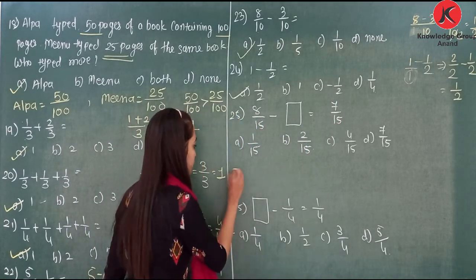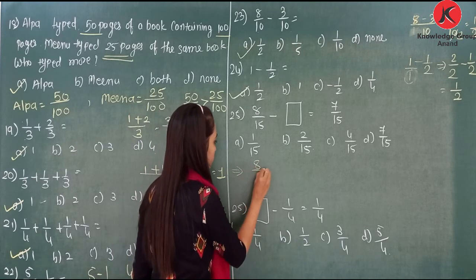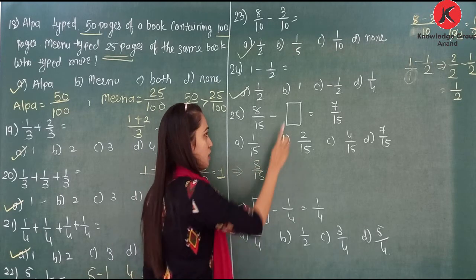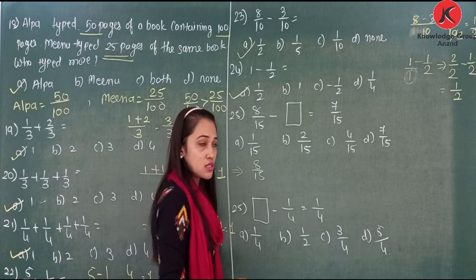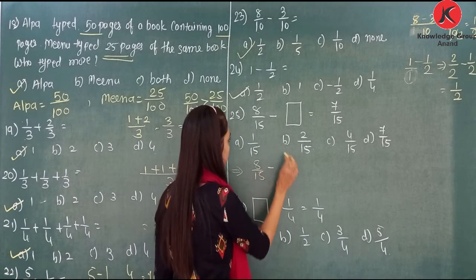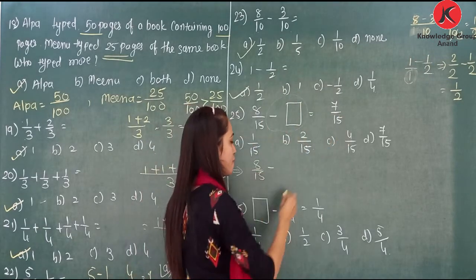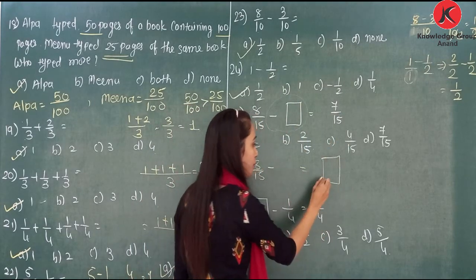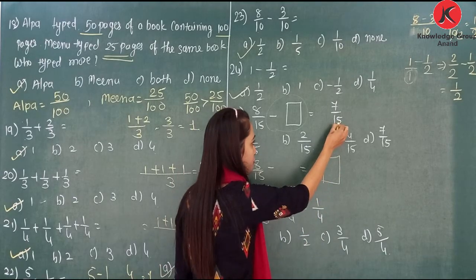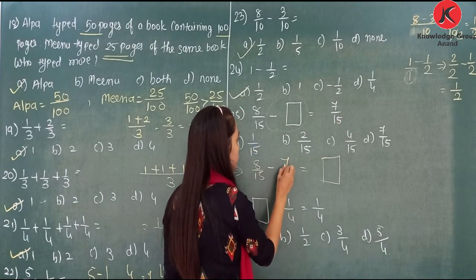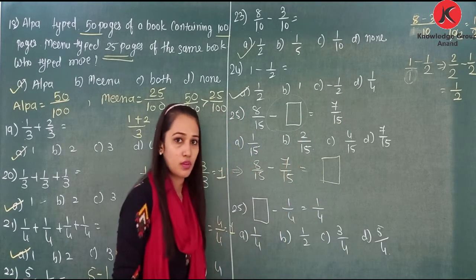Now 8 by 15 minus blank is equal to 7 by 15. So here, 8 by 15, we need to find the blank. Take this negative blank to the left side, so that will become plus, and 7 by 15, which is positive, becomes negative. Clear?